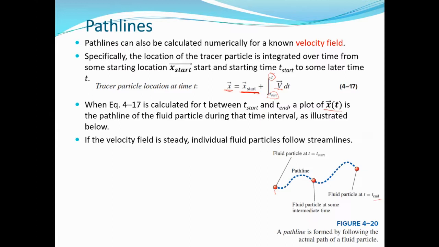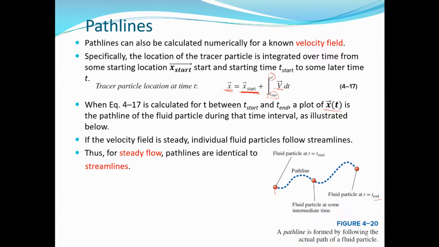A streamline is simply a line that is at any point tangential to the velocity vector and gives the direction of flow of the fluid. So if the velocity field is steady, individual fluid particles will follow streamlines. For steady flow, path lines are identical to streamlines, which is very important. Why? Because they do not change with time.